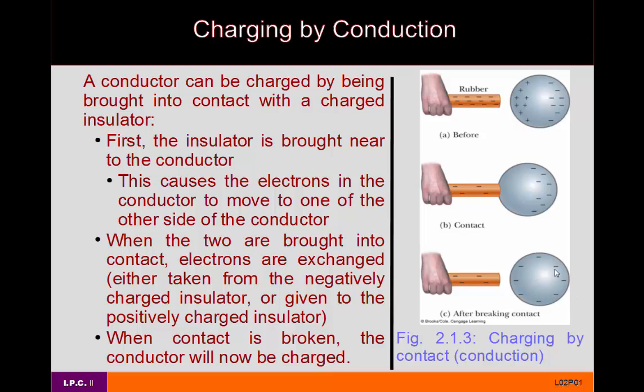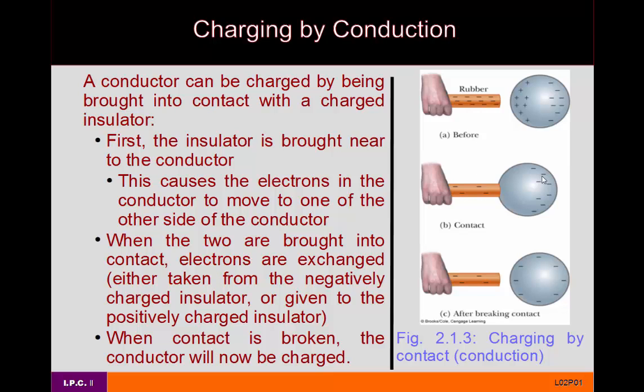It's negatively charged. The same thing can be made to work in reverse if you have a positively charged insulator. Basically, a positively charged insulator which is brought close to the conductor will tend to draw a lot of electrons near to it, and therefore there will be a large positive charge on the far side of the insulator.